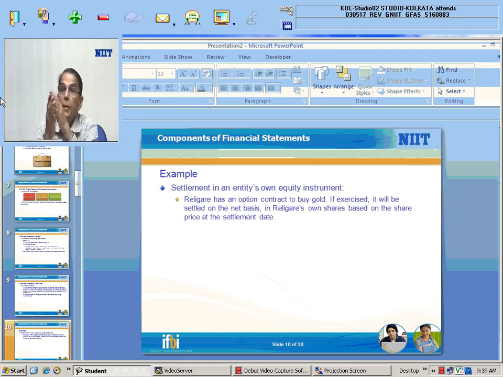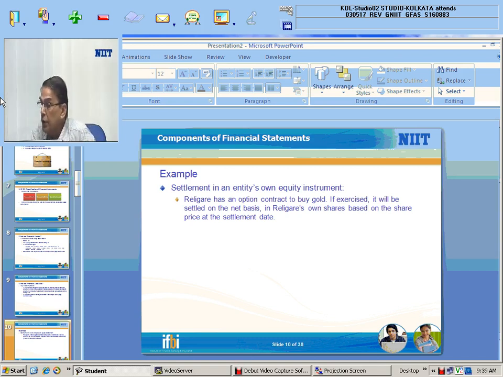So Religer is the writer of the option contract, a call option contract in gold. Now if this call option contract gets exercised by the buyer, the holder of the contract, Religer may have to make the settlement on net basis. Now, how will this settlement be made?